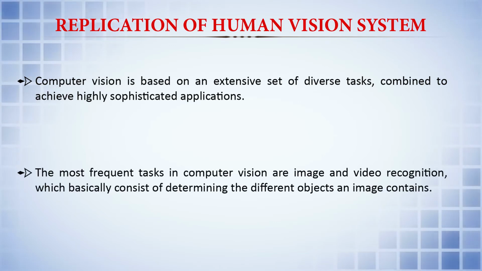The most frequent tasks in computer vision are image and video recognition, which basically consists of determining the different objects an image contains. Here we can see different tasks that computer vision does, like image classification and identification. Likewise, there are several tasks that computer vision technology does.